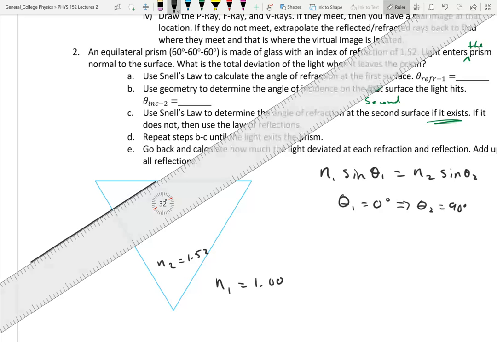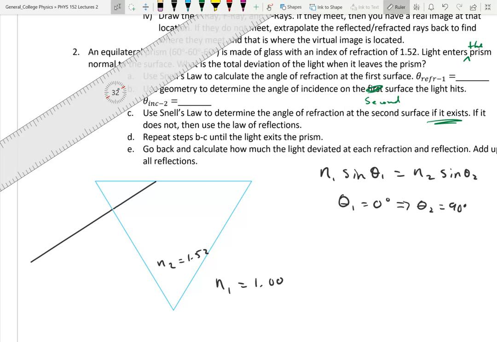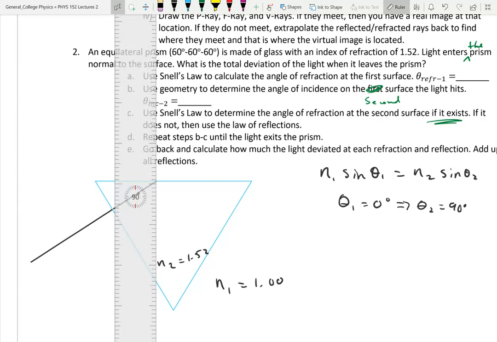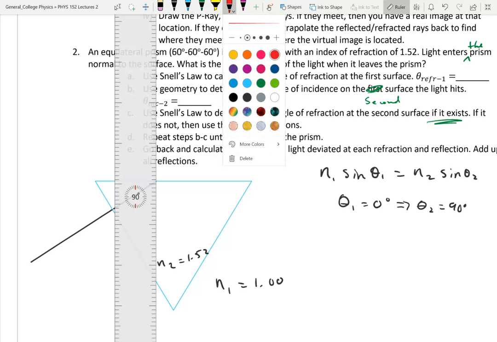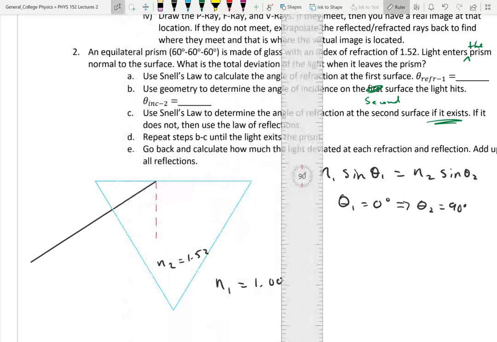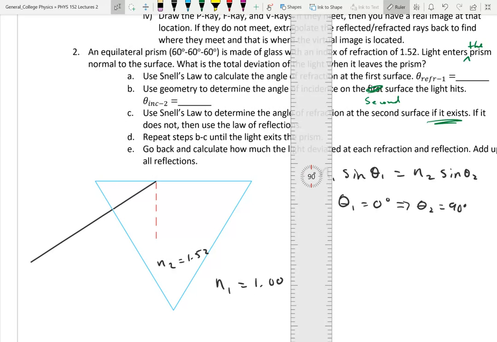Now at this second surface, I have to figure out what my angle of incidence is. Remember, the angle of incidence is the angle from the surface normal. Here's my surface. Here's my surface normal. So now I use my geometry. What do I know? Well, I know this was 90 degrees. I know this is 60 degrees.